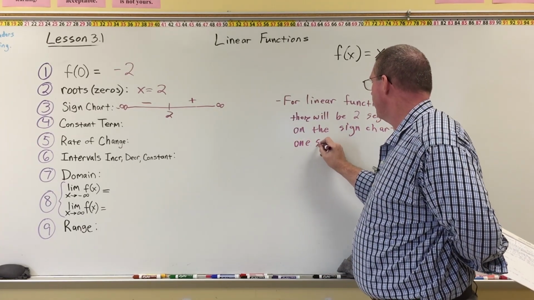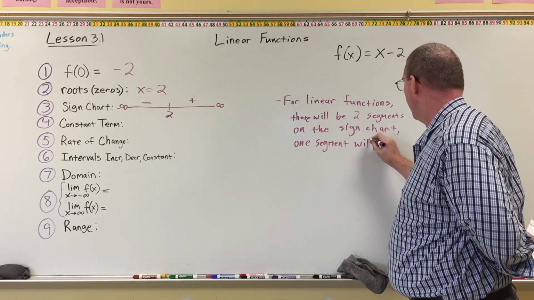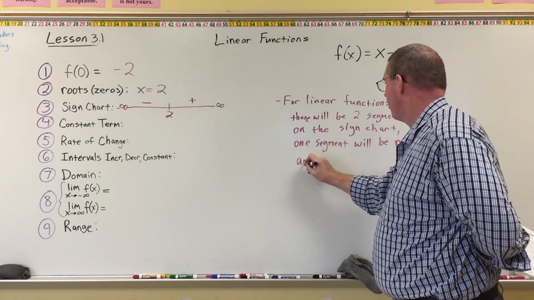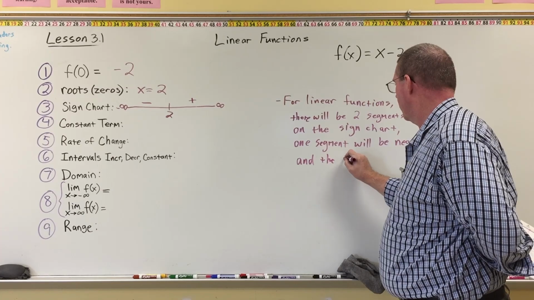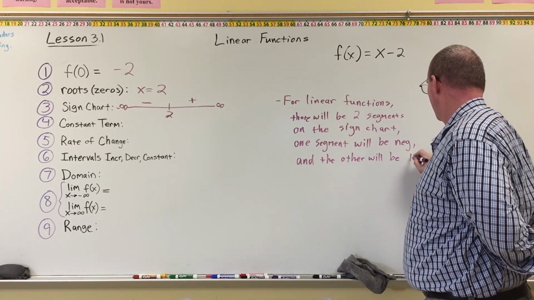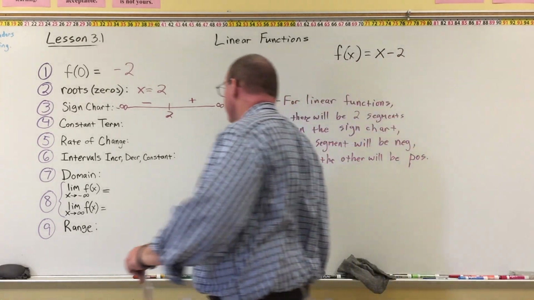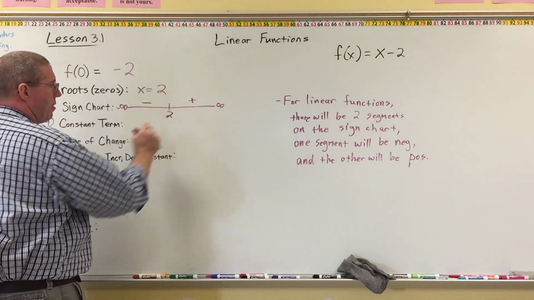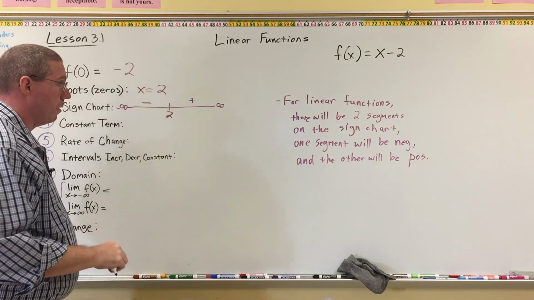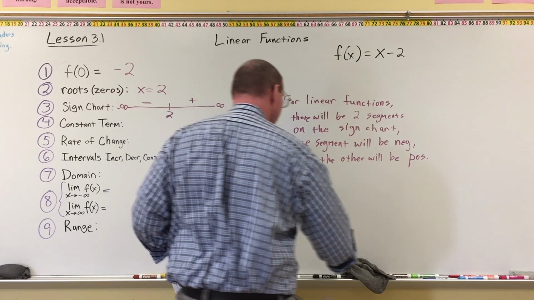One of the segments will be negative, and the other will be positive. So you see here, we have negative here, we have positive here. The other possibility is if this one is positive, then this is going to be negative. Okay. That will always be the truth on sign charts for linear functions. Okay. All right. Great.